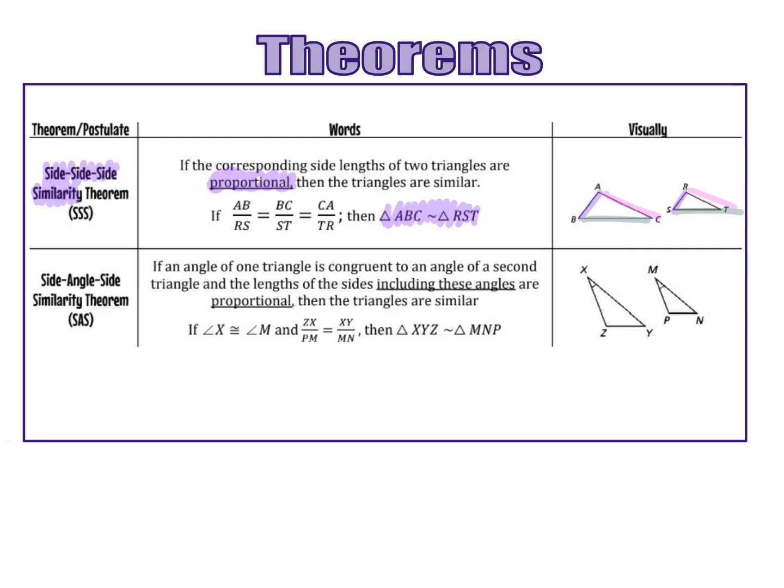So we're basically saying if we can show that the scale factor is the same for all 3 sets of sides, we can write them as 3 equal proportions, then we can conclude that the 2 triangles are similar.